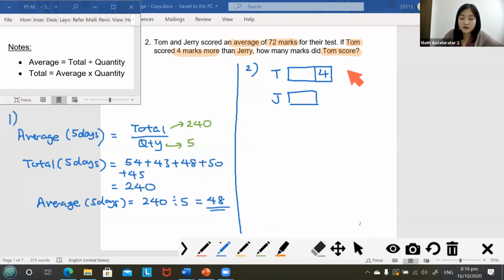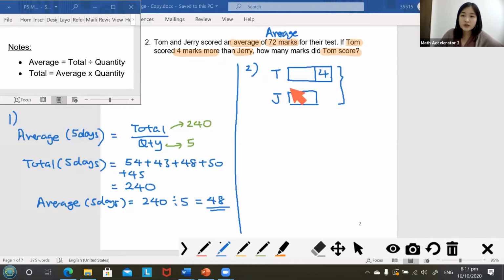How to finish up this model? We need to write down their total score. Can I put 72 here? Yes or no? You can type in the chat. Is 72 correct if I write it here? No. Everyone say no. Good. Wrong, why? Because 72 is the average. They didn't tell us that 72 is the total.